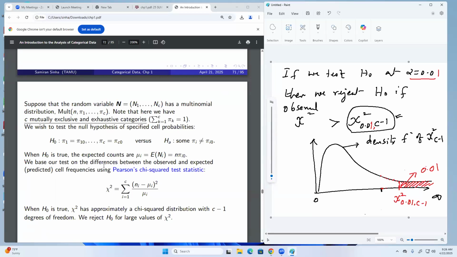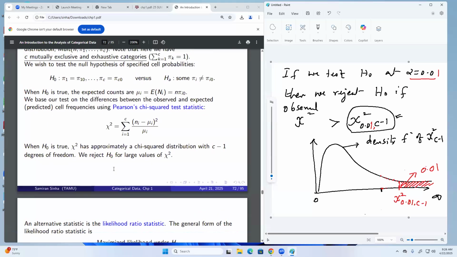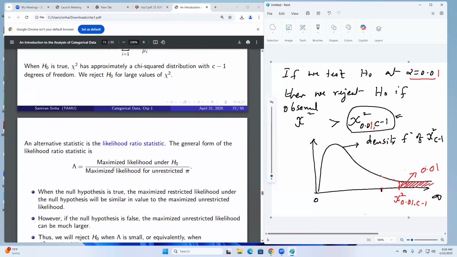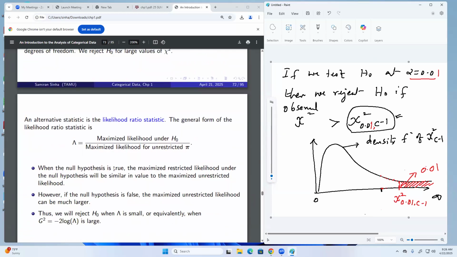Now this test, we carried out using the Pearson chi-square test statistic. One can also apply the likelihood ratio test in this context.